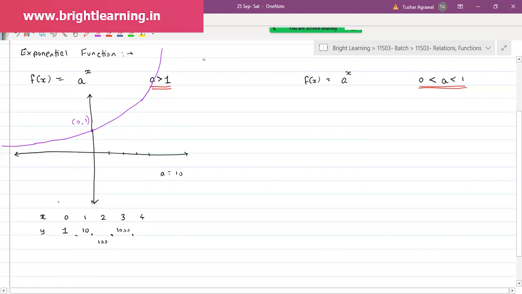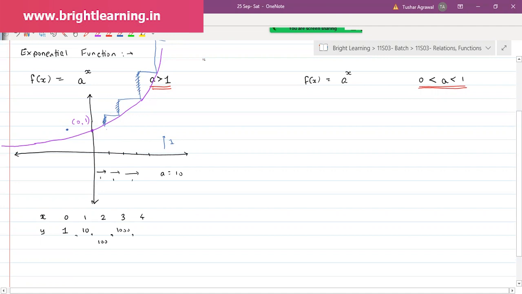What I was trying to convey using this jump method is that here 1 unit, here 1 unit, here 1 unit along the x-axis, but correspondingly along the y-axis, initially the jump is of 1 unit. From 10 raised to 0, the corresponding jump along the y-axis, this distance, is always increasing.